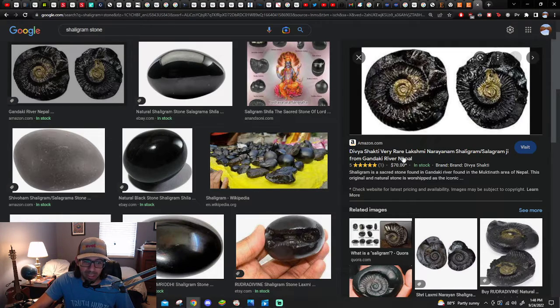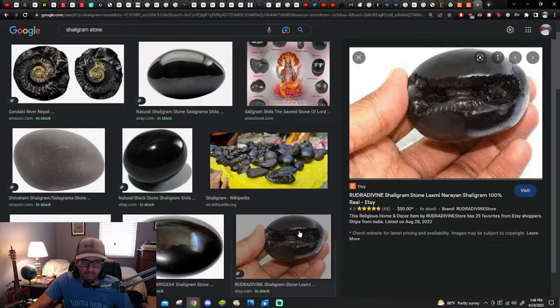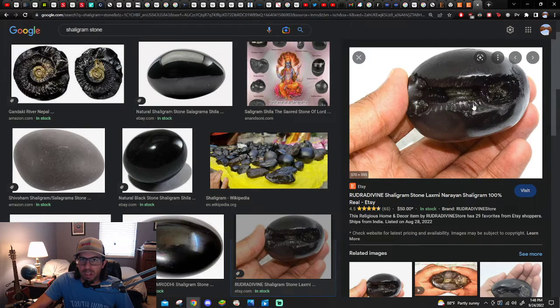But here's the crazy thing. What kind of shell creature is that, where it has two shells? This is one shell and another shell, so it's two shell creatures.